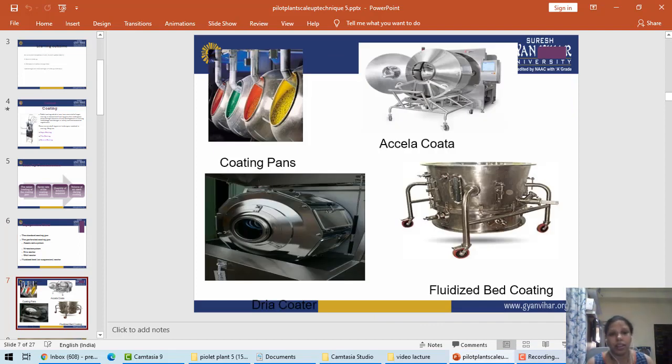Here you can see the diagram of simple standard coating pans. Accela coater is a big size coating pan which is used in large scale manufacturing. Driacoater is also there. There is fluidized bed coater also. We studied fluidized bed dryer, similarly the fluidized bed coater is there, in which the air fluidization of particles is used for the coating.